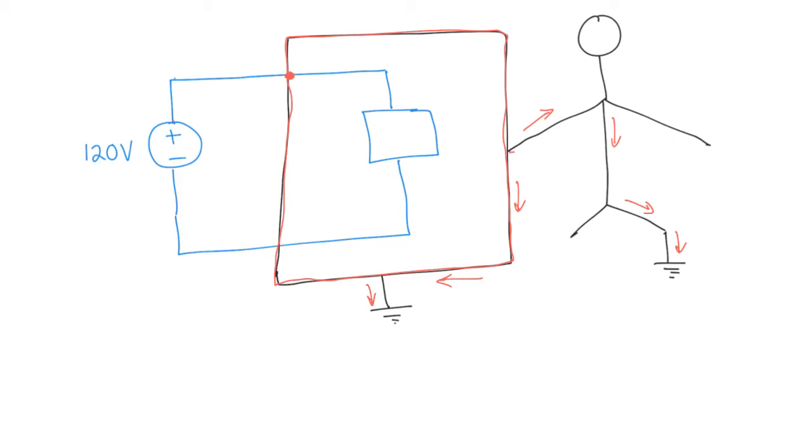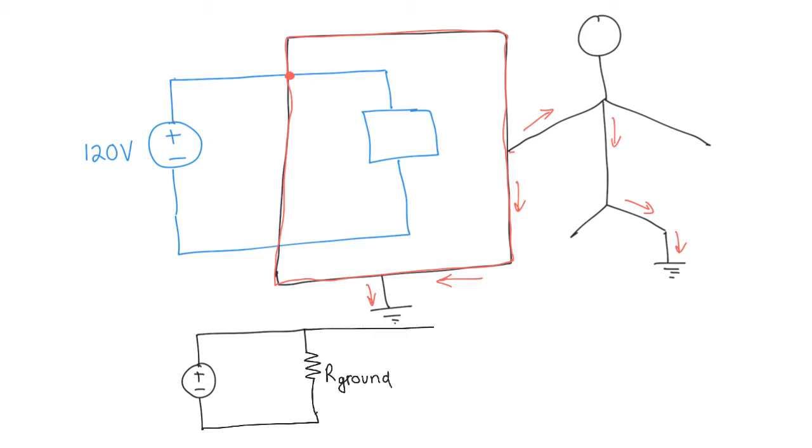So we could draw this as something like this. You have a 120 volt source, and you have one path, which is the path from this point down to ground. That offers some resistance to the current, and let's call that resistance R ground.